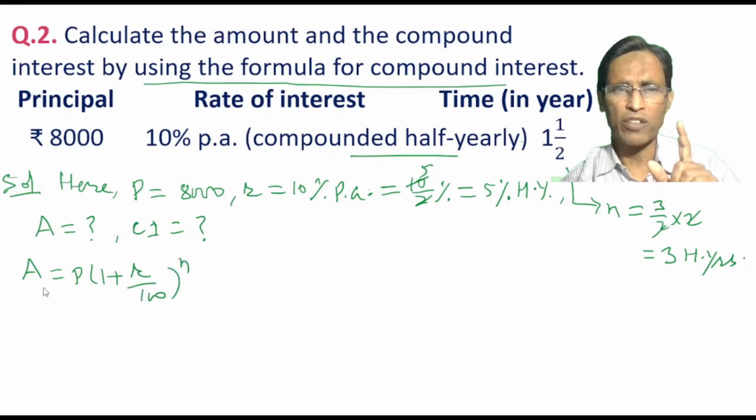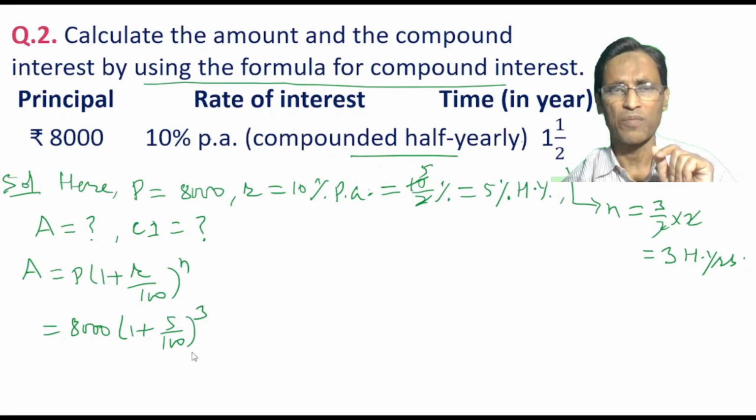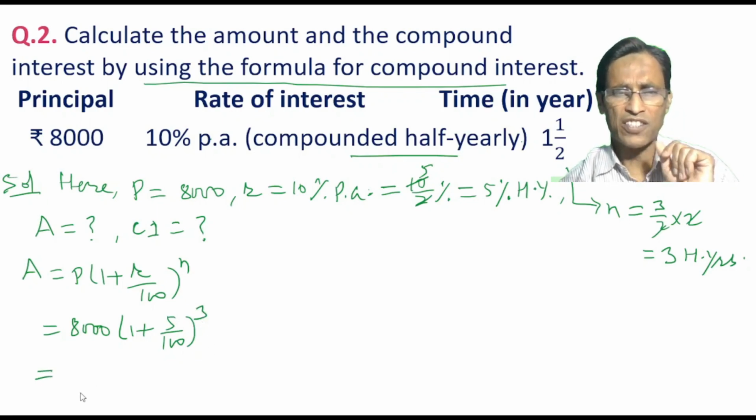The formula for amount is A equal to P times 1 plus R by 100 to the power N. In the next step P will be replaced by 8000 and R will be replaced by 5, so 5 by 100 to the power N. N will be replaced by 3. In the next step 8000 will remain as it is.